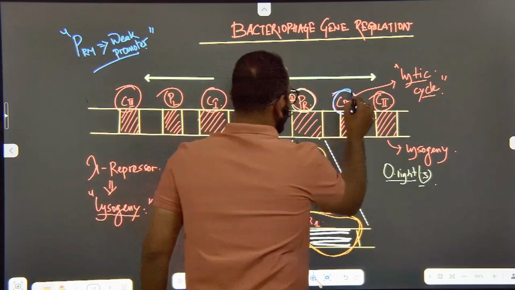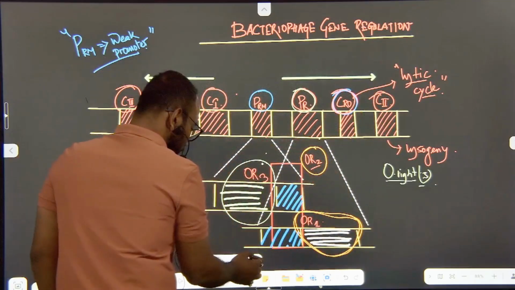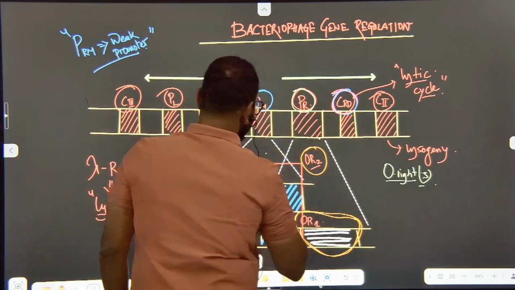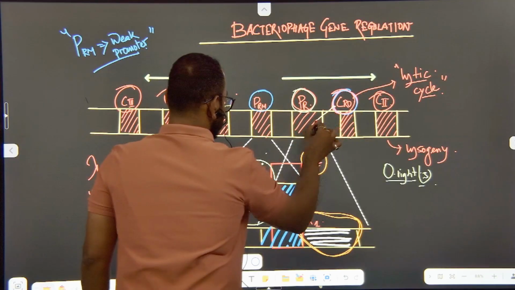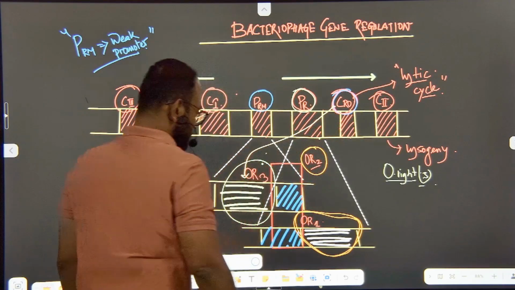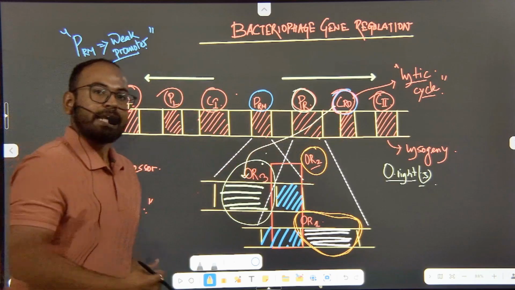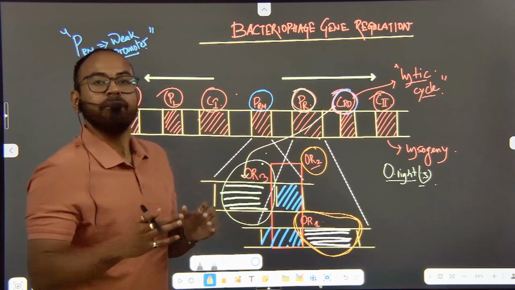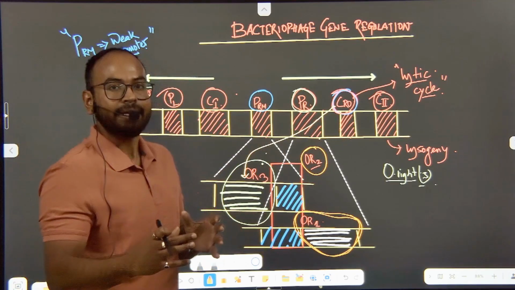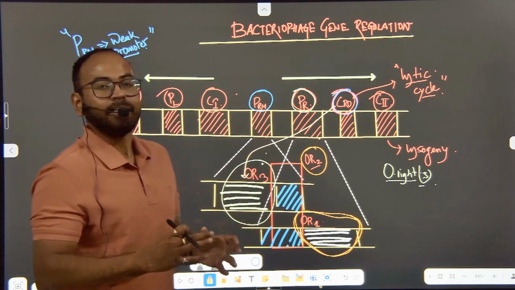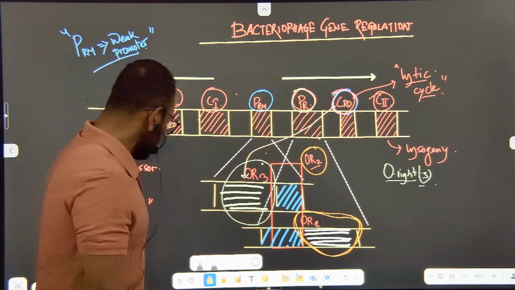So we have our CRO protein, and what it does is bind with the operator region over here. This phenomenon takes place when there is a proper environment for initiating the lytic cycle in lambda phage.